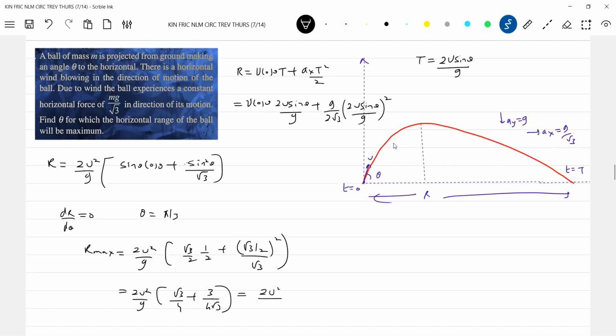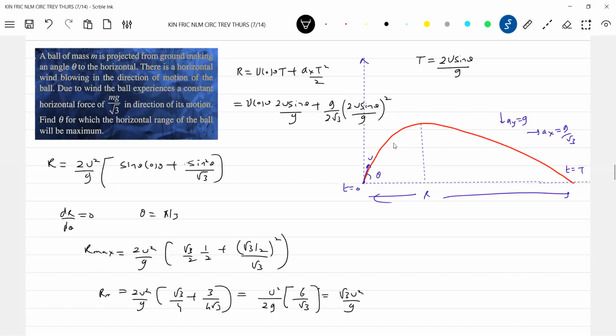So the 4 comes outside, and this becomes u square by 2g times 3 plus root 3, and simplifying, root 3 u square by g. Okay, this will be the maximum range.